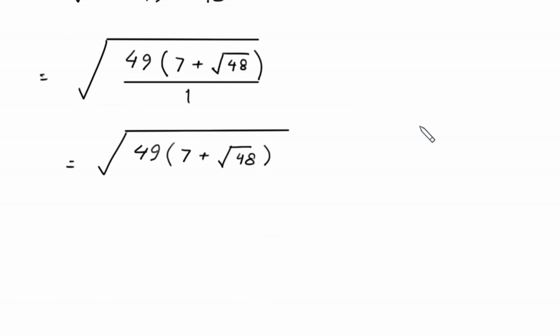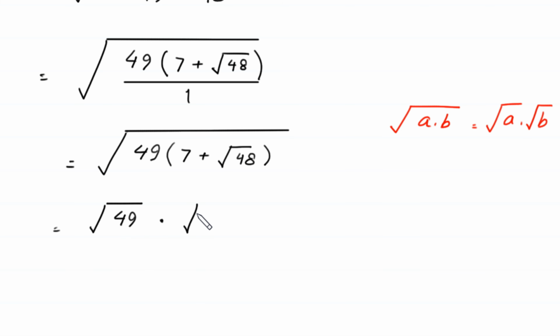Now according to this property, square root of a times b is equal to square root of a times square root of b. We can write this expression as square root of 49 times square root of 7 plus square root of 48.